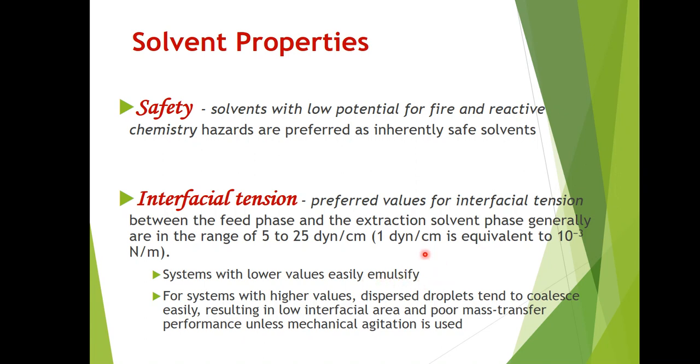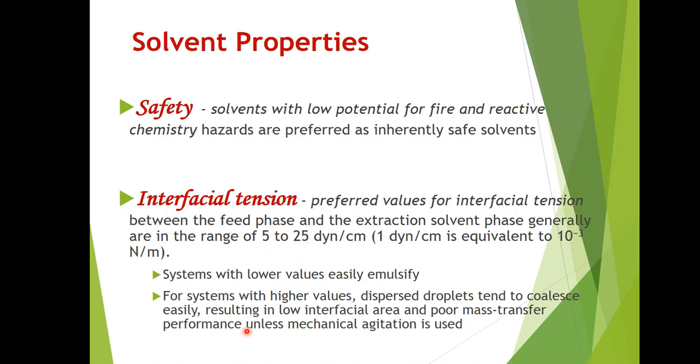So emulsification only happens in colloidal suspensions. In that case, your feed and your solvent here will tend to form that particular mixture, and we don't want that to happen. So as much as possible, we want our interfacial tension to be 5 or even higher.